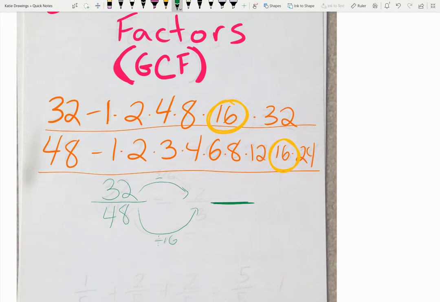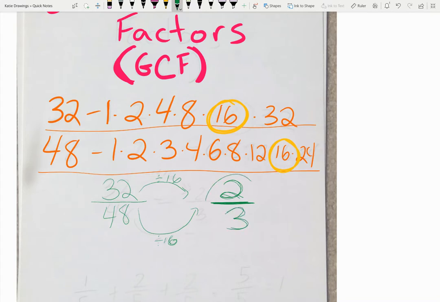The simplified way to write the new fraction, so I'm making it less. 32 divided by 16 and 48 divided by 16. 16 goes into 32 2 times, and 16 goes into 48 3 times.